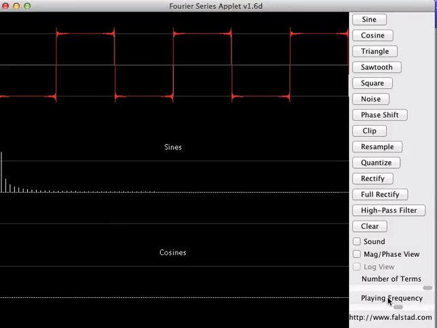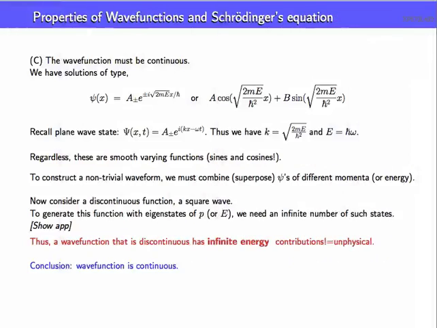So what that means is, to actually get the square wave solution perfectly, we need an infinite number of these plane wave states added in a particular way. So that's the point here: we need an infinite number of those terms, and each one has a different energy, increasing as we increase the frequency, which means that we need infinite energy contributions coming into this.